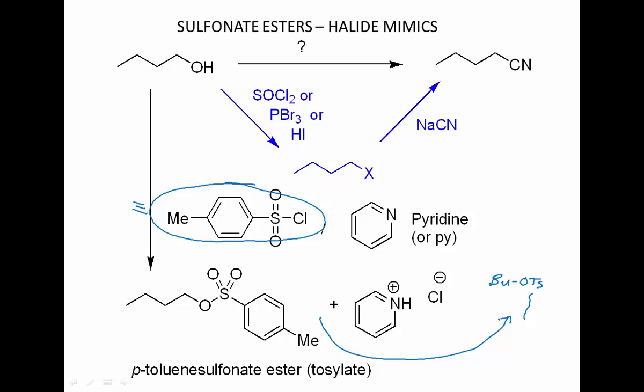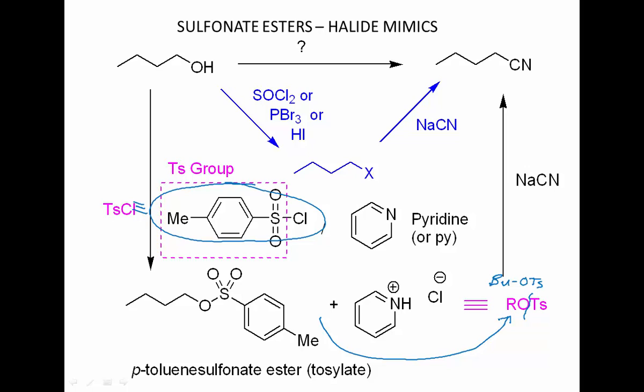All right, so once you have the tosylate, you could treat it with sodium cyanide, and that would produce the product. Okay. If you look at the relative leaving group ability of a tosylate, it's slightly more reactive than an iodide, which we know is more reactive than any of the other halogens.